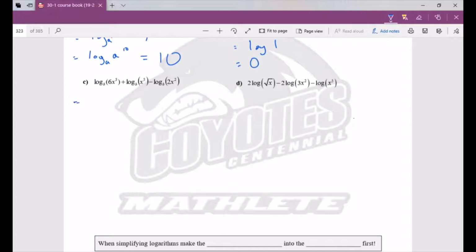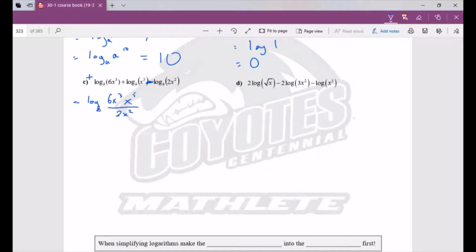All right. So hopefully you realized all three of these logarithms are base b. This first one is positive 6x cubed. This next one we're adding log x to the 5, so let's express that as a product. And then we are subtracting, this one here is negative, logarithm of 2x squared.